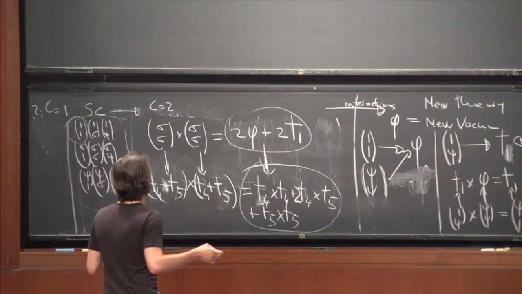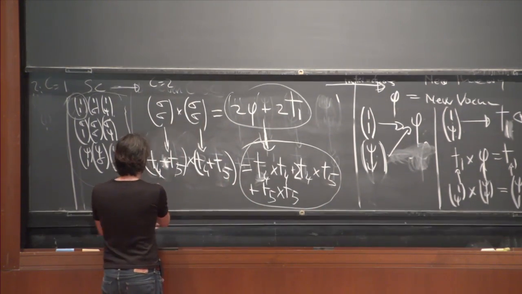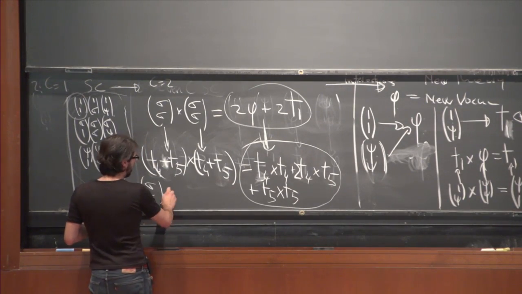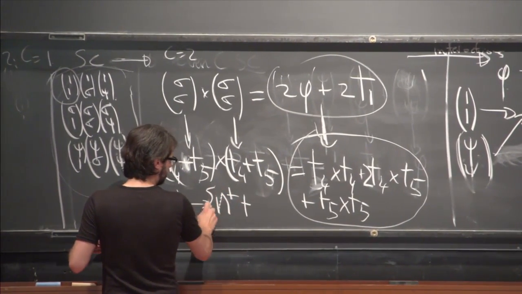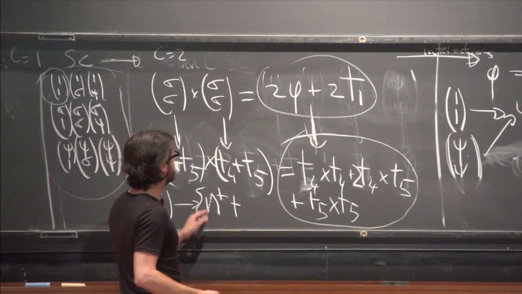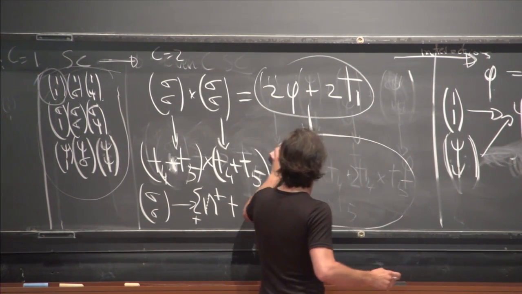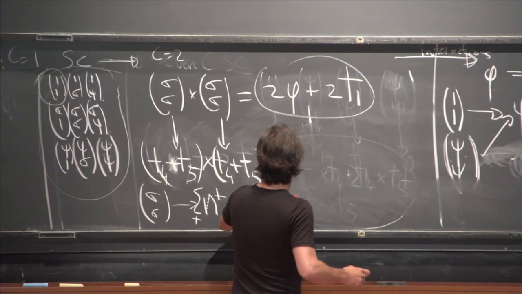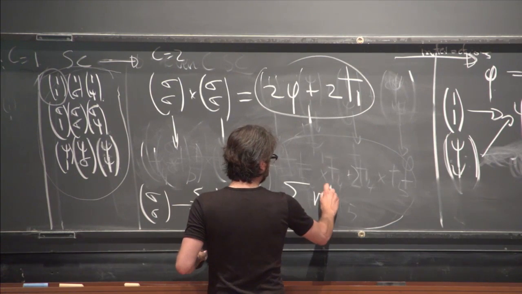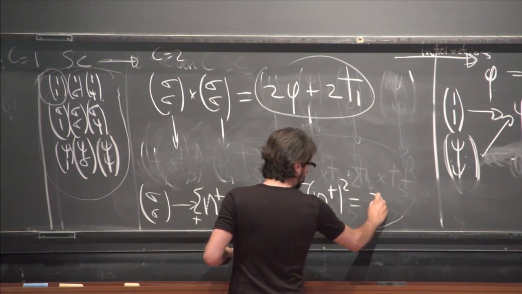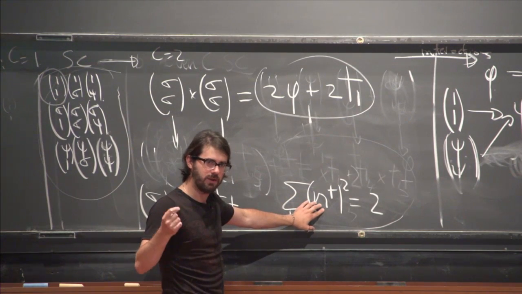So basically the simple rationale is if you call sigma sigma going into n t times t, sum over t, there's an equation that you can easily prove that tells you that the sum over all the particles t of nt squared is equal to 2. And if these are integers, there's only one solution, which is 1, 1.